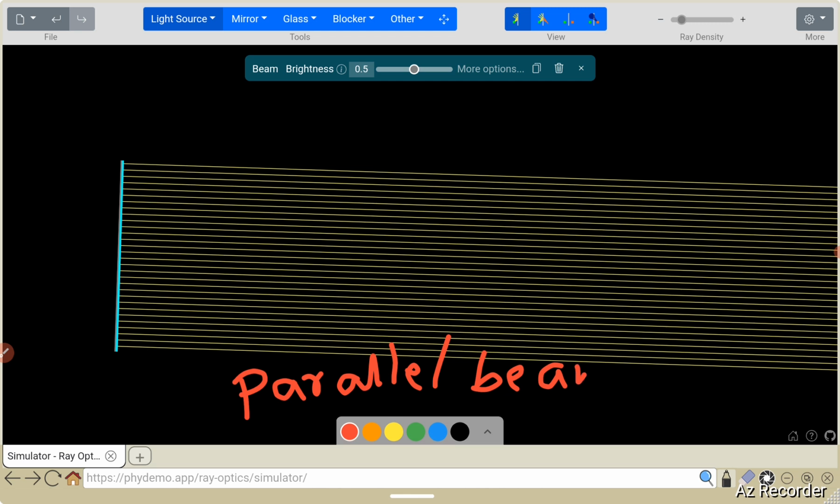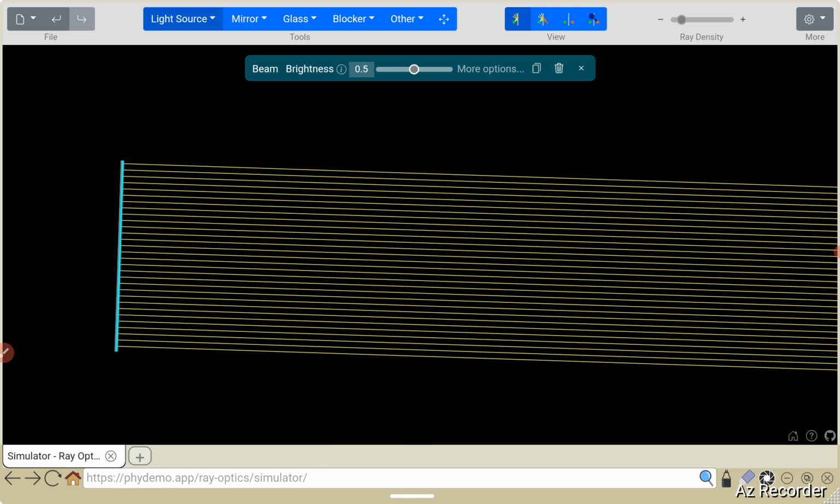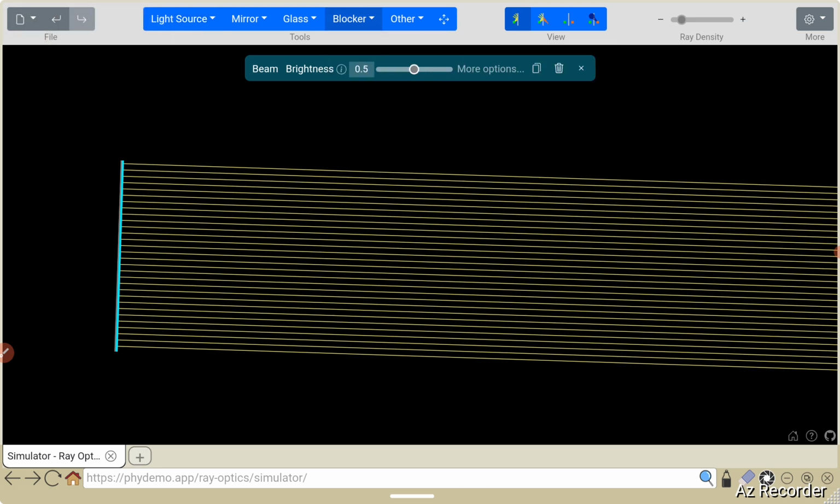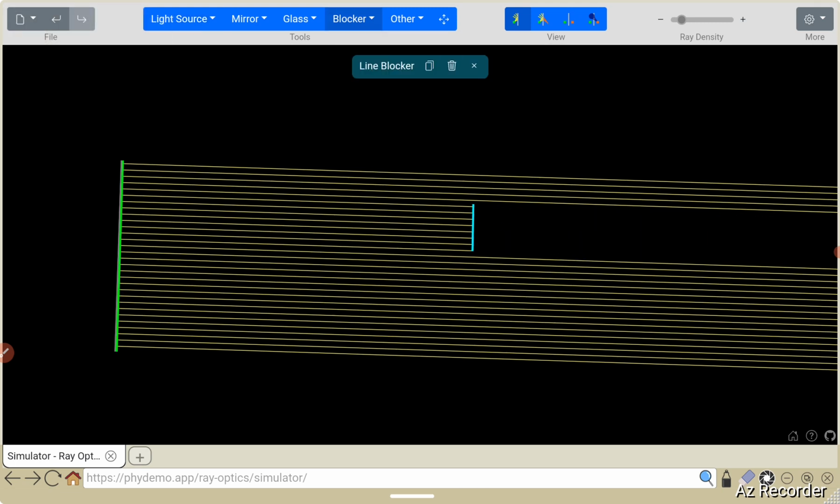Now this parallel beam, if at all obstructed by a opaque material, what happens? Let us see. Okay. Now I am taking one blocker. Blocker means opaque material. It blocks the light. Correct. Now I am just taking a blocker here.